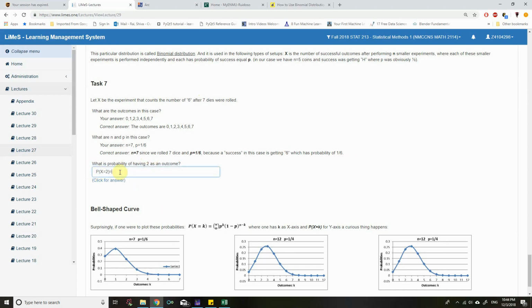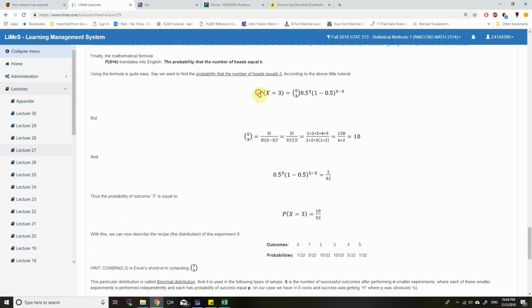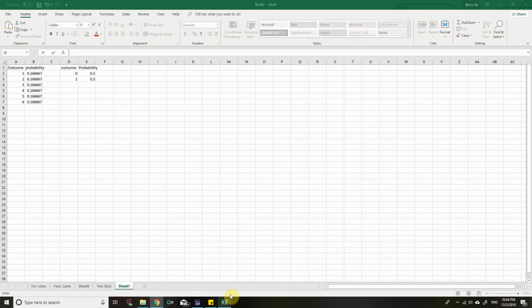Then without going through this formula, we will just go to Excel and type this. The formula is equal BINOM.DIST, the distribution, and the number of successes that you want. Here it is written number_s, that means number of successes, that is 2.